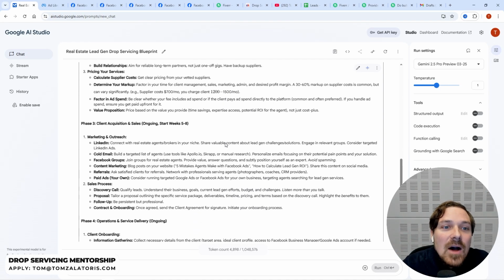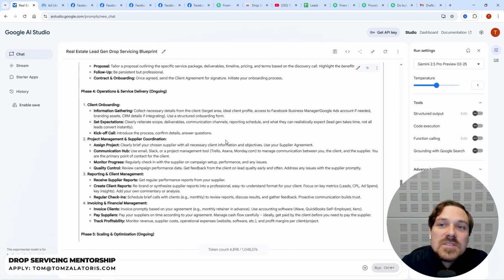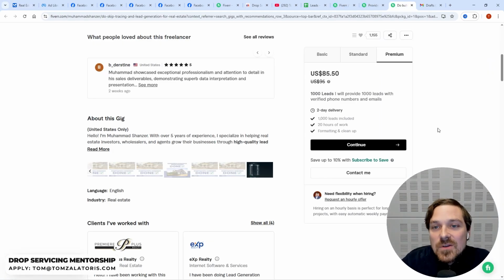Now, what is super important as well is the way you're going to add the margin. In this case, $85.50 is 1,000 leads. How much are you going to resell this for? Do I recommend reselling it at twice as much, a 50% margin, $170? No. In this case, we're selling something that is expensive and can potentially make a lot of money.